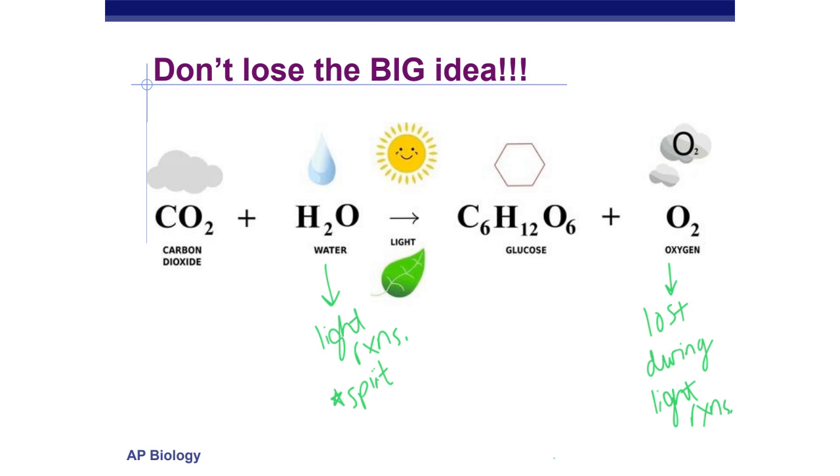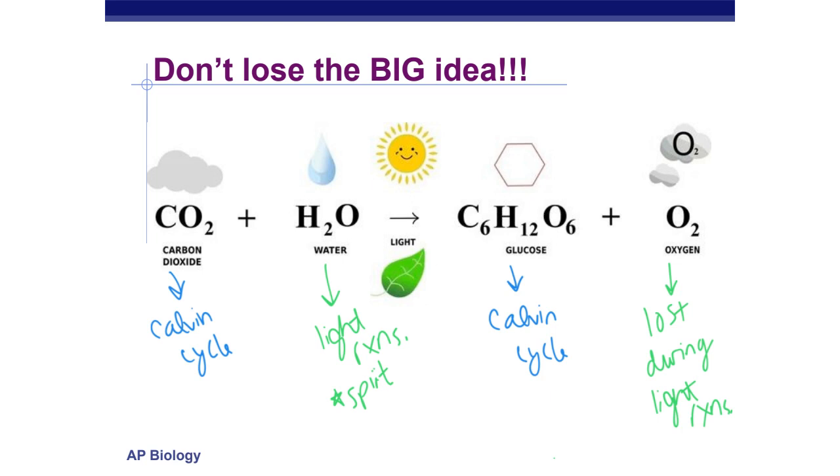The hydrogens hop on those NADPHs to be used to build the glucose. Right, so the glucose is formed during that Calvin cycle. And the CO2 is needed during the Calvin cycle to provide that carbon and oxygen source to help make the glucose. Okay. Now, while the plant has made sugar, it has not made ATP yet.